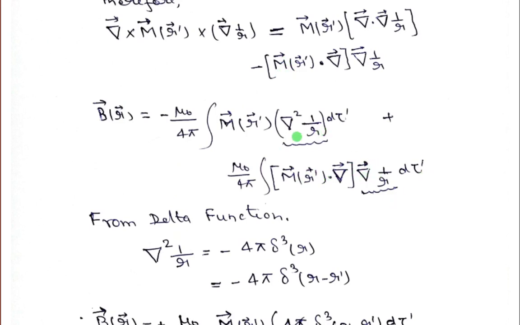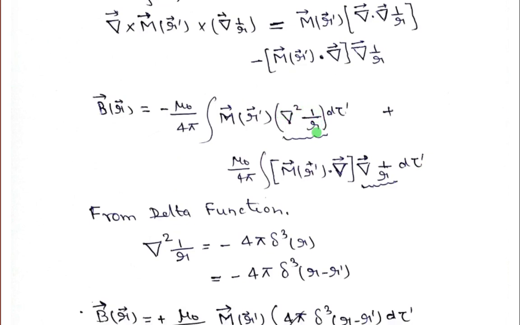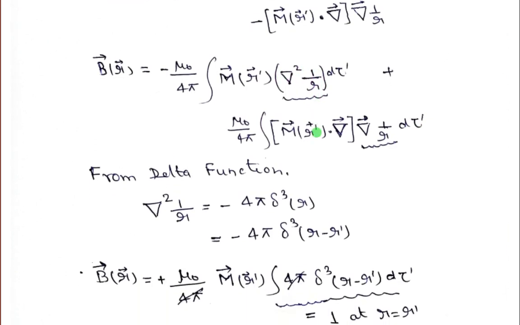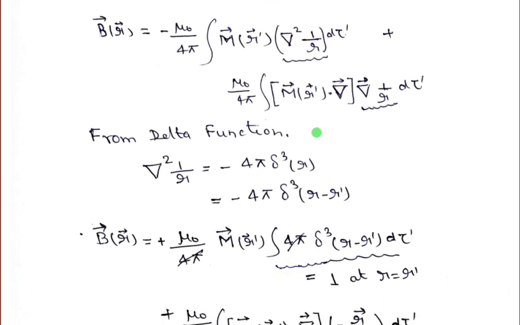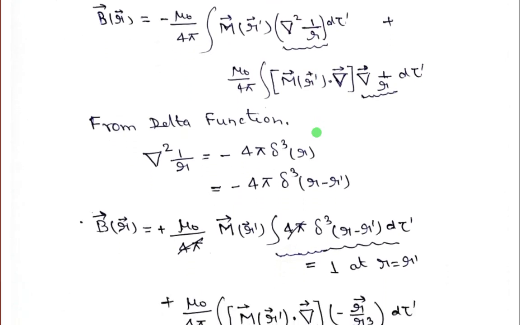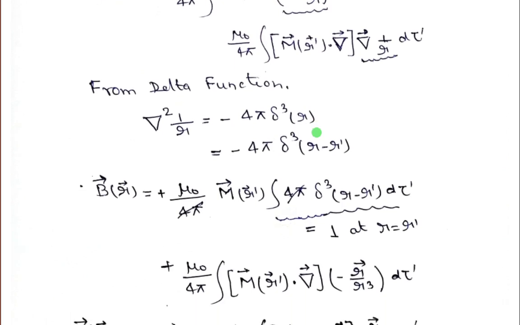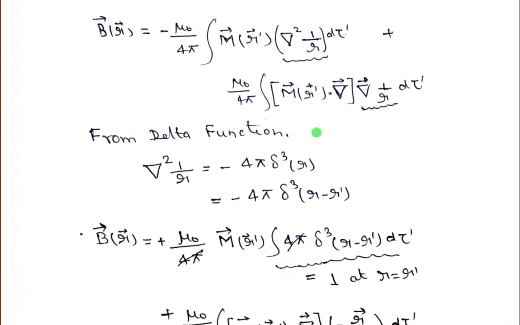So if you write this del square 1 upon r, again I will take the help of the Dirac delta function. If you go to Griffiths chapter one, it is described very nicely. From the Dirac delta function, del square 1 upon r can be written as minus 4 pi delta cube r.